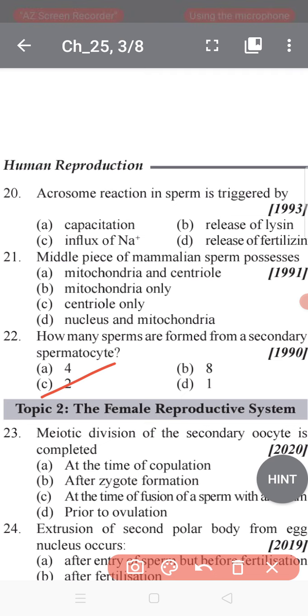The primary spermatocyte, with 46 chromosomes, that is 2N, develops through meiosis and gives rise to secondary spermatocytes, 23 chromosomes. Each secondary spermatocyte divides, giving rise to two spermatids, 23, single N, which mature into sperms. I hope you understand better.